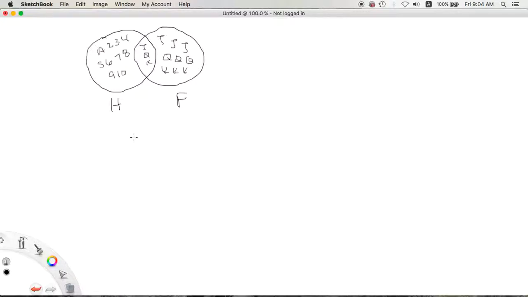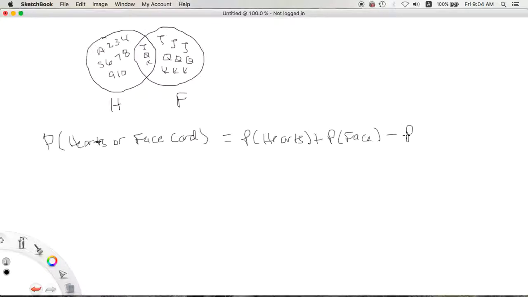If we want to know the probability of a heart or a face card, so we want to know the probability of something on this Venn diagram happening, then what we need to do is figure out the probability of the hearts and the probability of the face cards, and then subtract off one of the sets of heart and face cards so that we don't double count that.